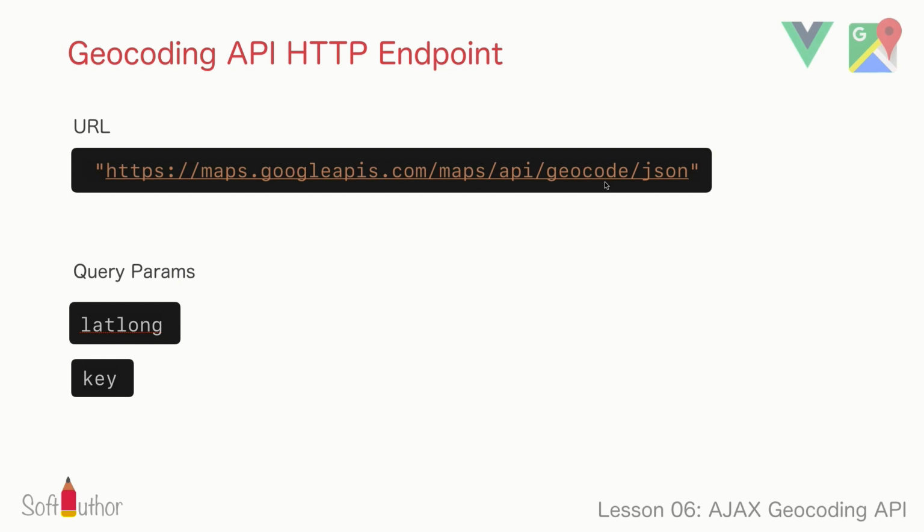maps.googleapis.com/maps/api/geocode/json. The last parameter, json, is the response format. Along with this, I'm going to pass two query parameters in order to get this working properly, which are latlng and key. The value of latlng would be the actual value of latitude and longitude separated by a comma, and the value of the key parameter would be the API key, which I showed you how to get in the previous lesson.